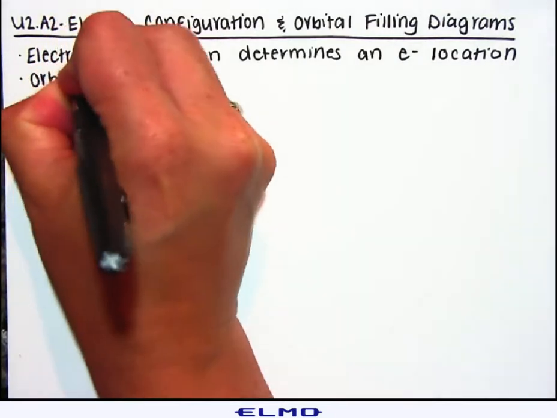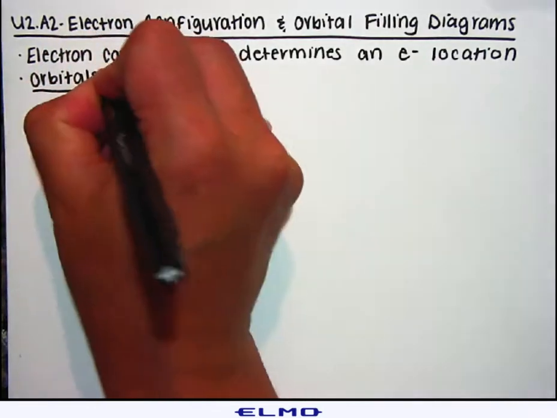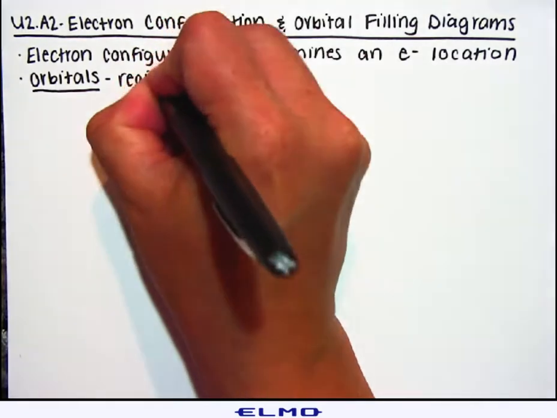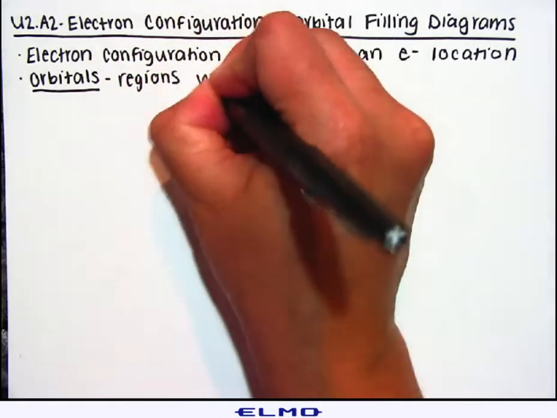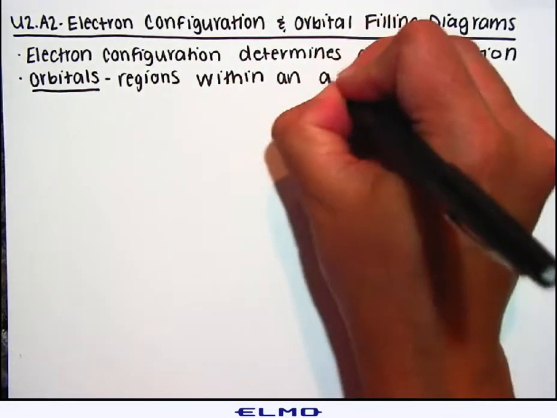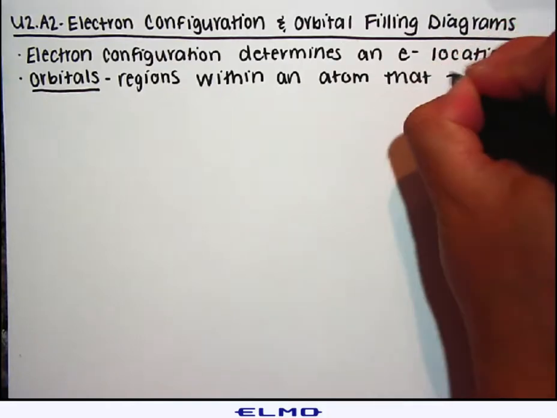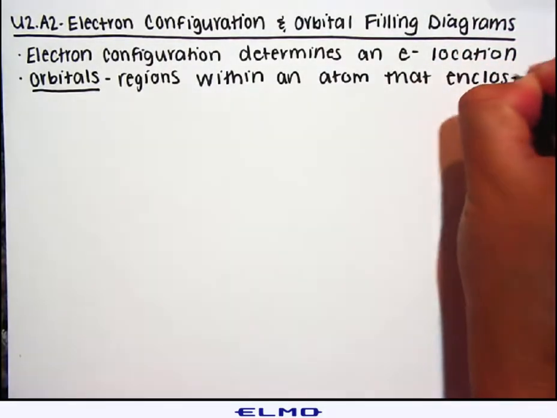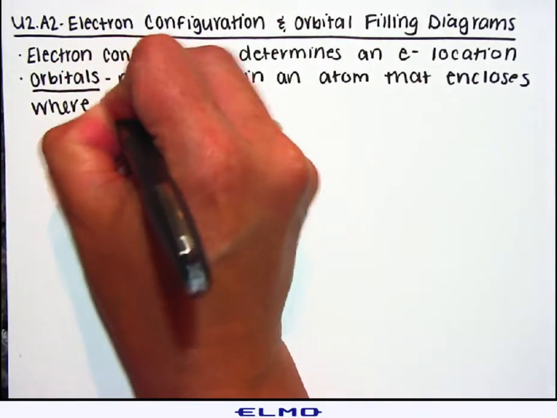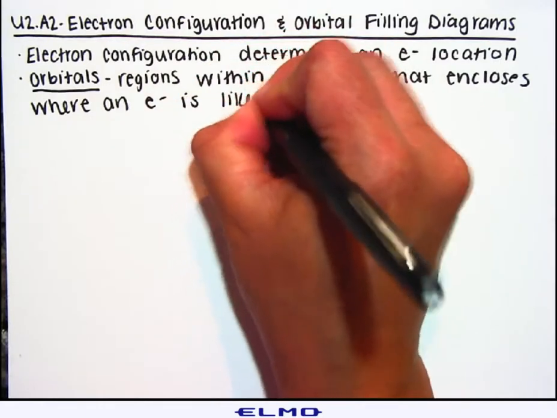So we talked about models of the atom, we talked about orbitals, and we talked about the quantum model or the Schrödinger model of the atom. So orbitals, again, are the regions within an atom that encloses where an electron is likely to be.